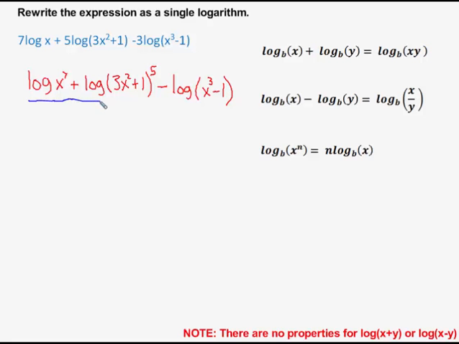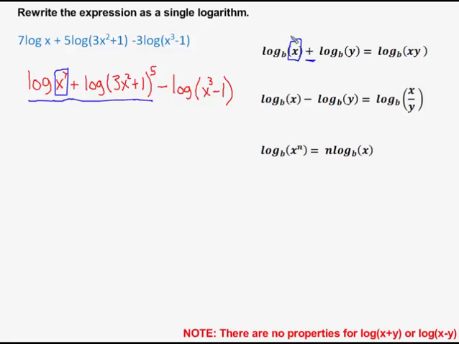Let's look at this piece here and work on just it, and then we would just be copying down the third term of this problem. And here I will point out that I have the sum of two logarithms, and here's the property for the sum of two logarithms. So you are to match up this variable x with x to the 7th, which is a little abstract when we're using the variable x here and it represents x to the 7th.